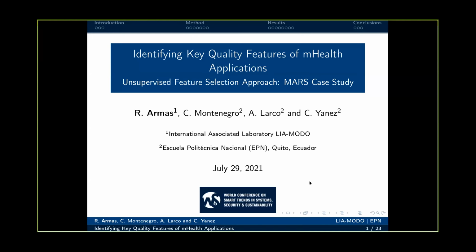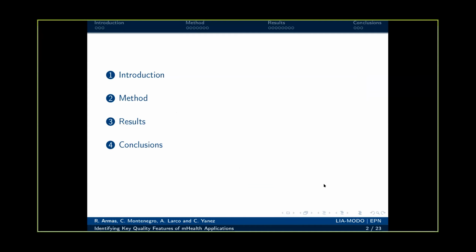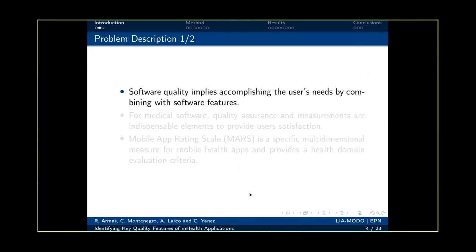I am going to introduce our work. Our schedule is conformed by these 4 points. So first, introduction. Software quality implies accomplishing the user's needs by combining software features.